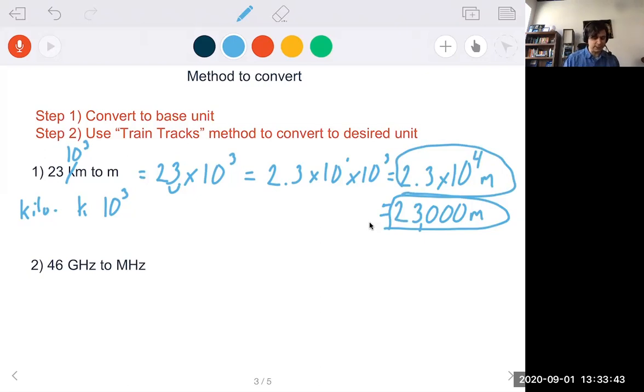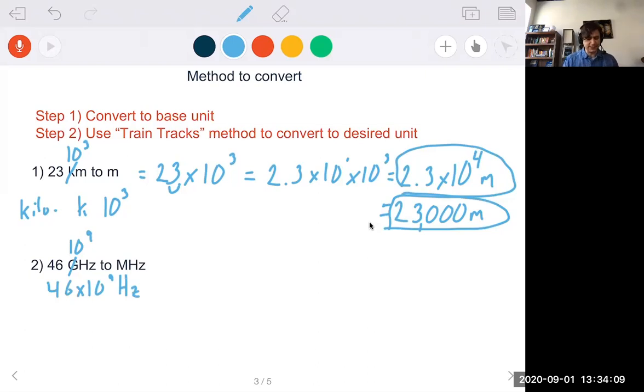And the easiest way to do that is, oh, I know that giga is 10 to the 9th hertz. So I have 46 billion hertz. So now I have 46 times 10 to the 9 hertz. And now that I have the base unit, I can convert that to megahertz.